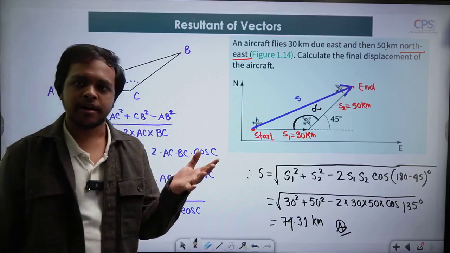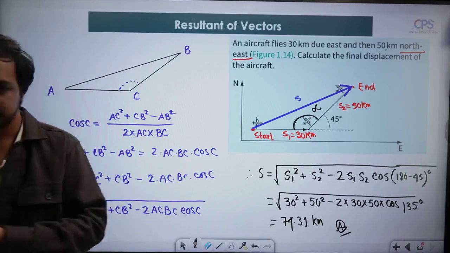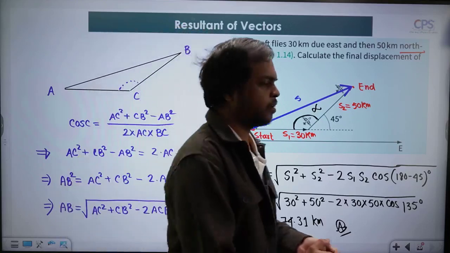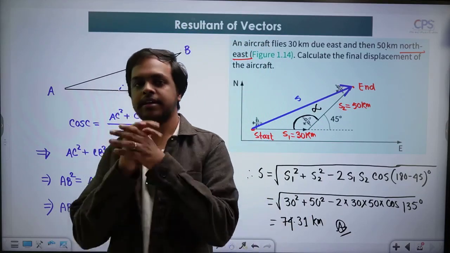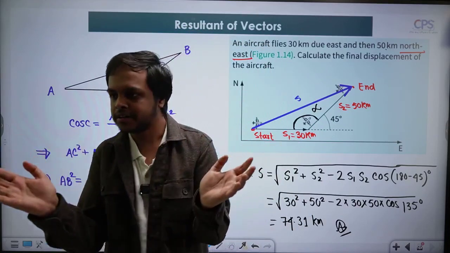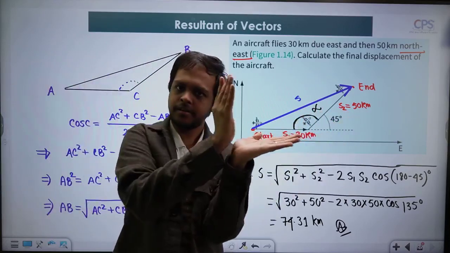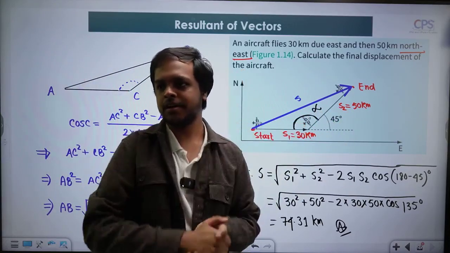So what we have covered today, this is the end of the class. We have covered how to get the resultant or the summation of two vectors, whether they are parallel, anti-parallel, or perpendicular.